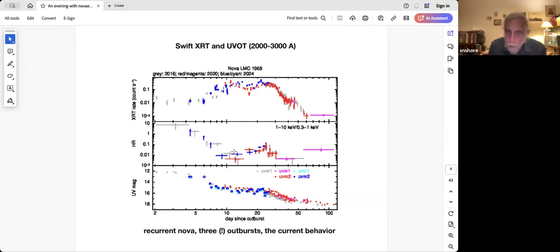The reason the nova explodes is because you created radionuclides like oxygen-15 that have very, very short half-lives. But when I say short, I mean literally minutes. Okay? When those decay, the energy that they release is what's powering the explosion. But once they've decayed, they are not powering the ejecta.